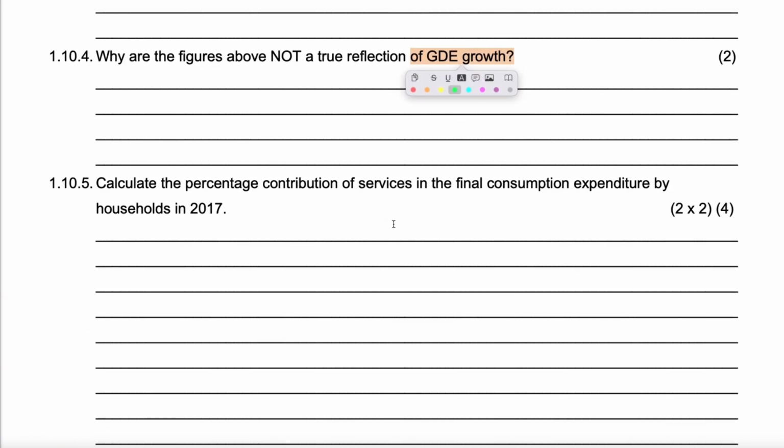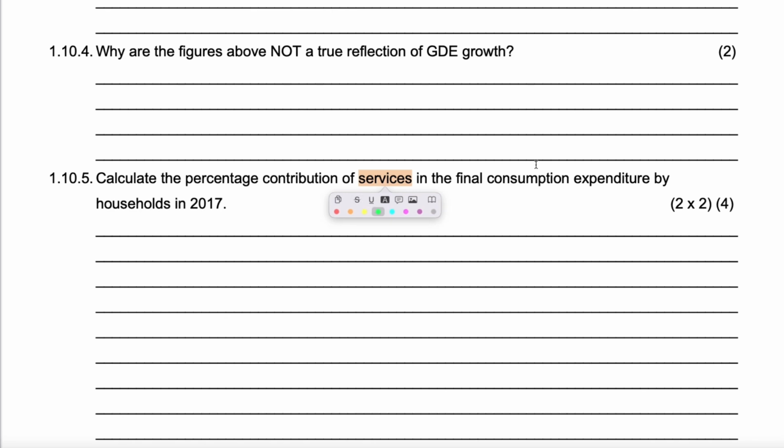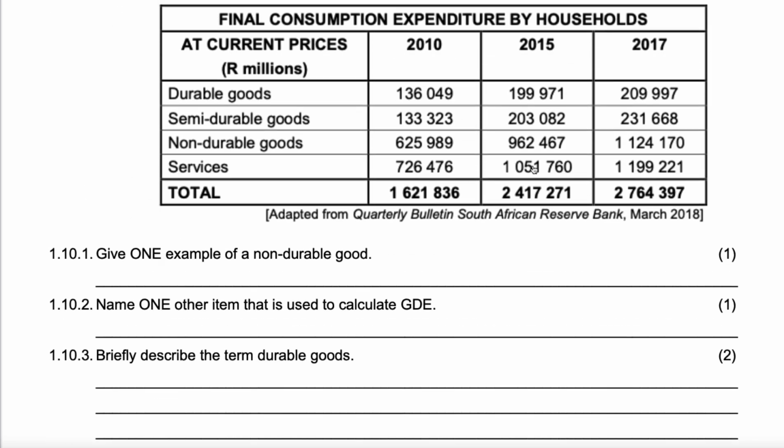Then the last one, calculate the percentage contribution. Here they are talking about calculation, and it's something I talked about. Be careful of the year. They're talking about 2017. So percentage contribution of what? Of services to the final consumption spending in 2017. So we come back here.